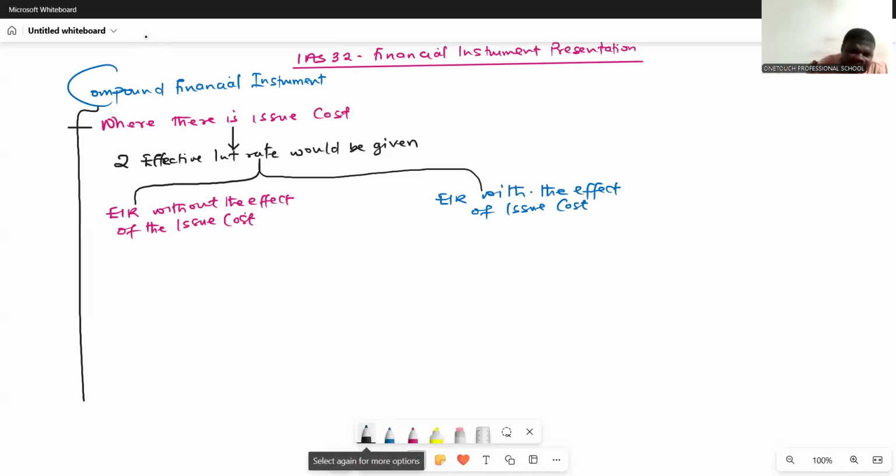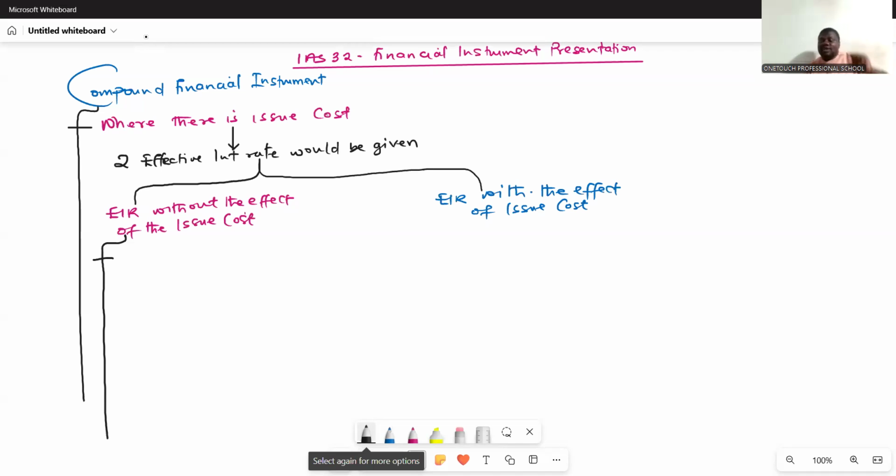Now, the effective interest rate without the effect of issue cost has a purpose. What are you going to use it for? That is the effective interest rate that you must use to split between the liability and equity portion. You split between the liability and equity portion, that's the face value as it is, the normal way.